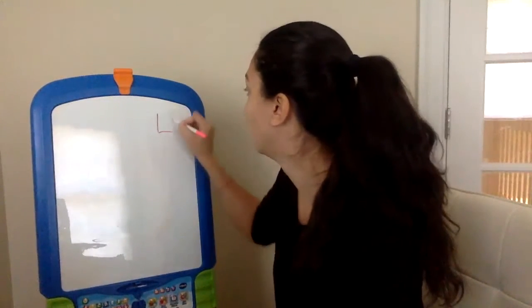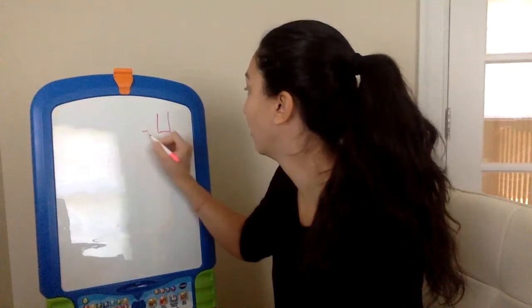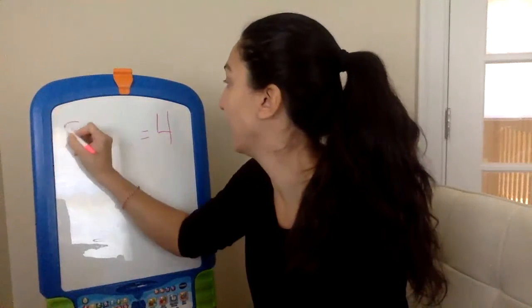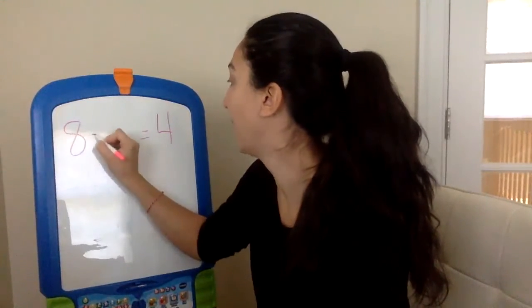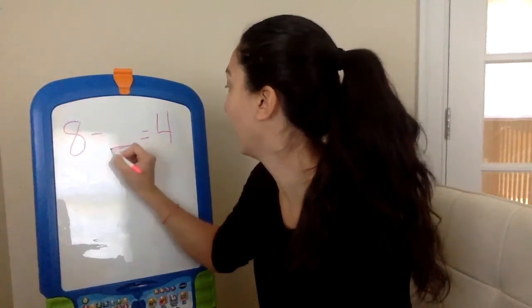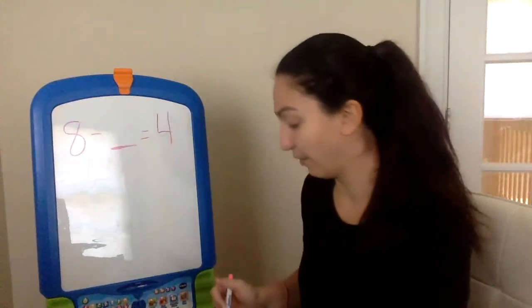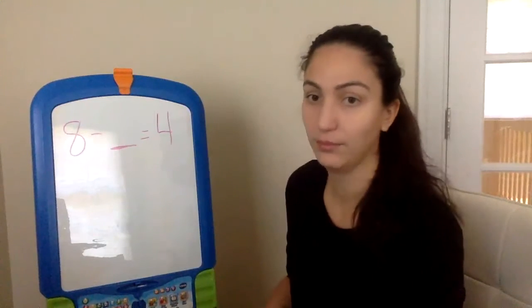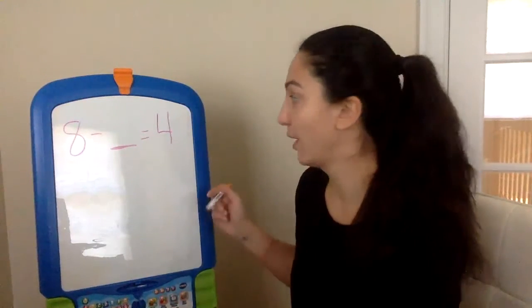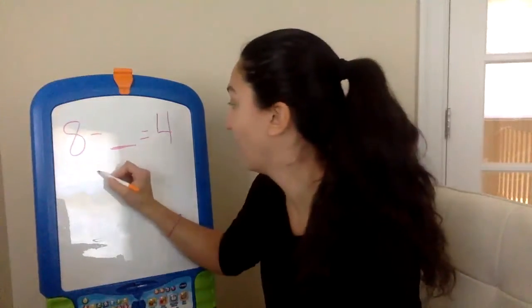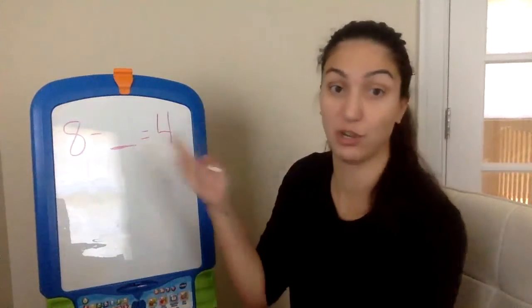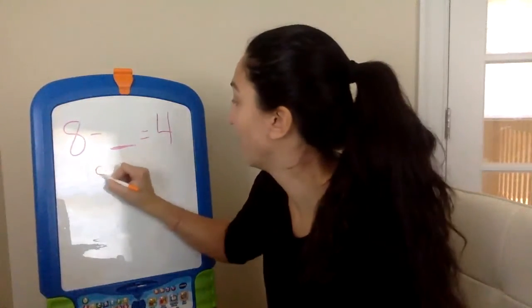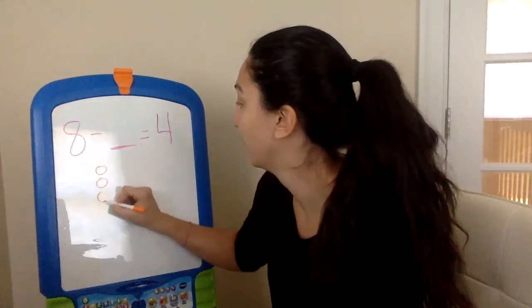So I'm going to keep the same difference, which is 4. And I'm going to say 8 minus what number is going to give me 4. So I'm going to think of it again as a counting jar. These are my pennies, so I'm going to draw 8 pennies.